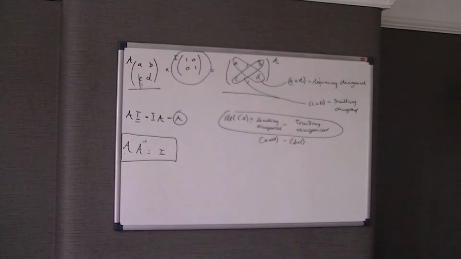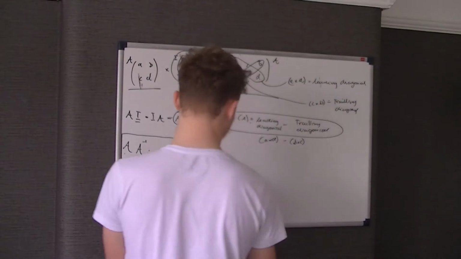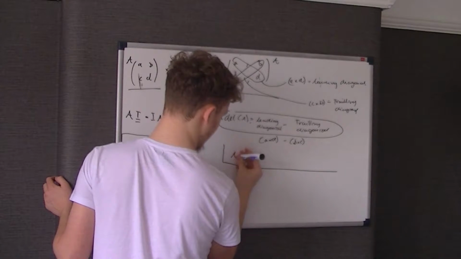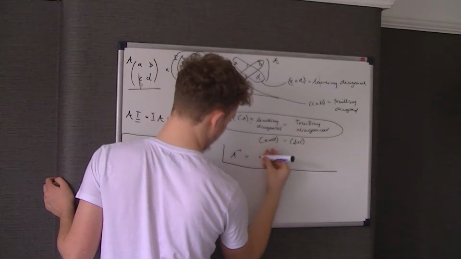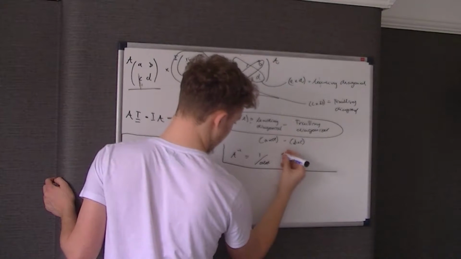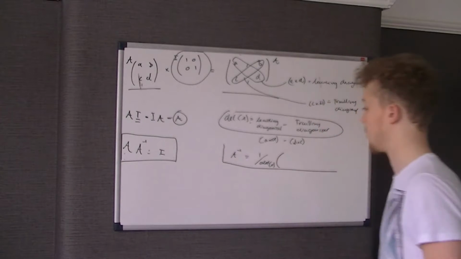Alright, okay. So, how does that enable us to work out the inverse of the matrix? Well, as I said, this is just another formula that you need to know. The inverse of A matrix is 1 over the determinant times, this is where it gets a little bit weird.